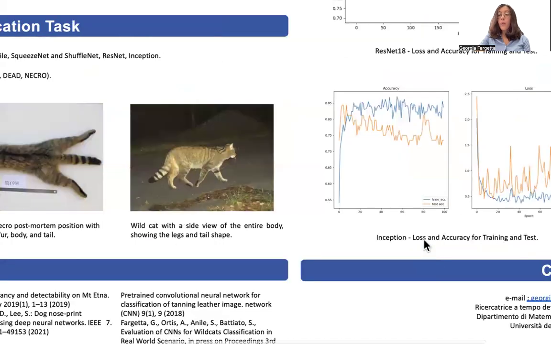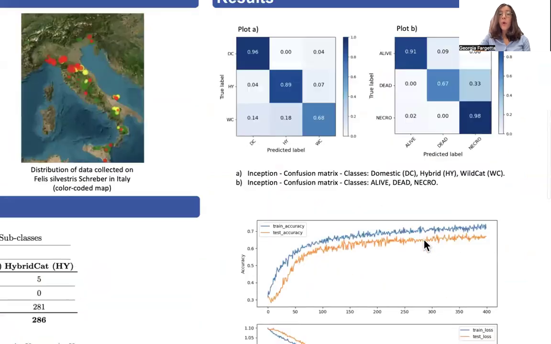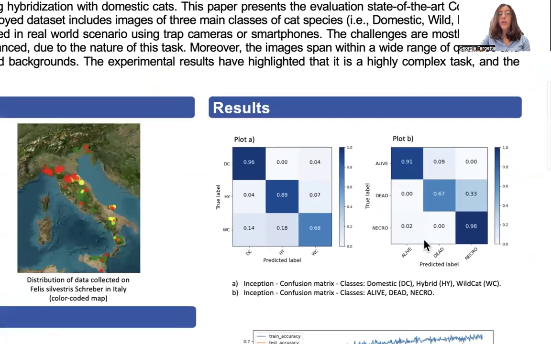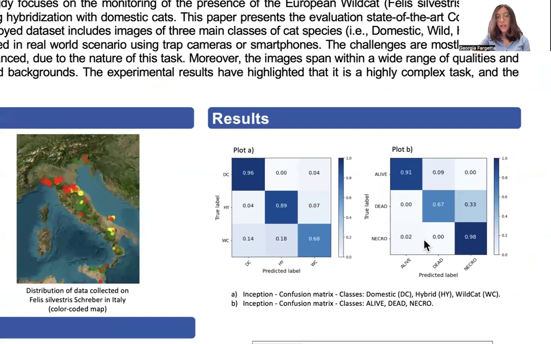From the computer science point of view, we have to make two different studies. The first one is to study the classification that is interesting for the biologist, so identify the pure race of the wildcat, with the percentages that we can see in this confusion matrix.